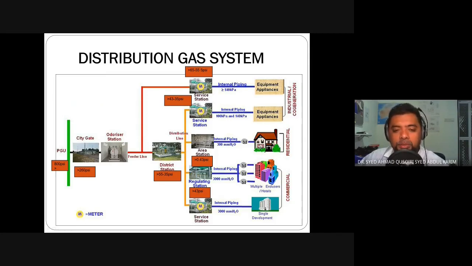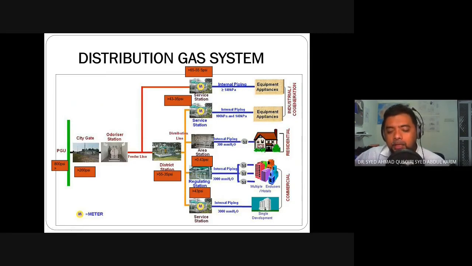From there, the gas leaves the district station into the distribution line, then enters the service station for that particular facility. And here it is sent through internal piping to the equipment and appliances of the industrial building.